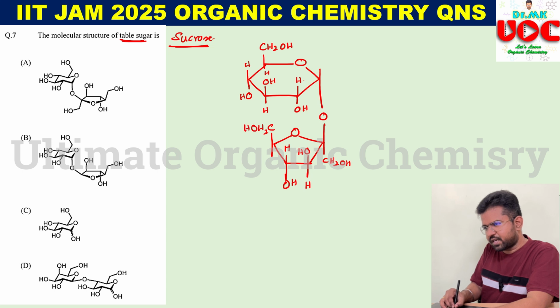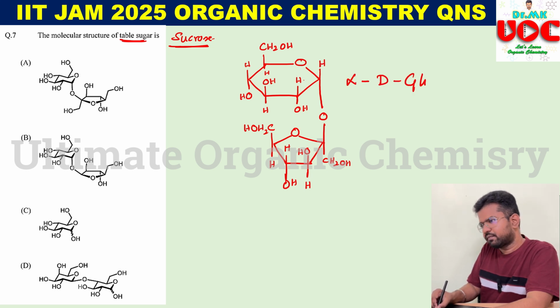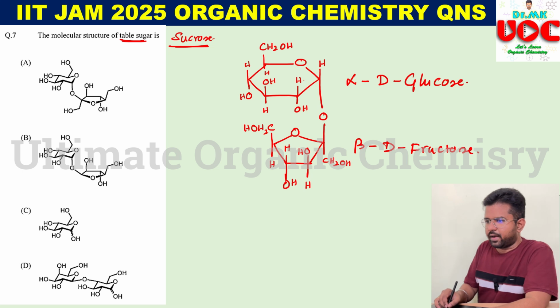So this is the structure of sucrose, and this part contains alpha D glucose and beta D fructose. Now you need to correlate this structure with the options given here.